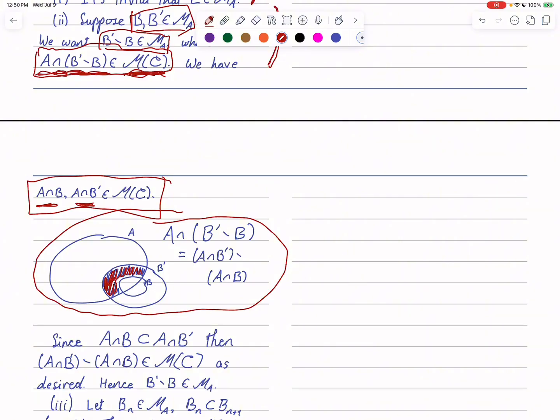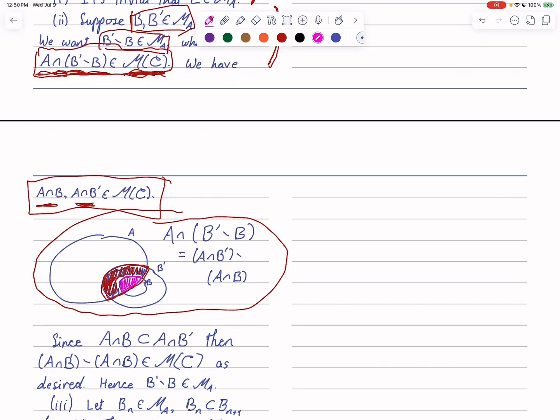Well, that seems to be, right, that A intersect B prime, being this whole thing here, contains A intersect B, that's this part right here. Maybe I should color that something different so that we can visibly see when I'm talking about one thing versus the other. So they are in the subset relation, A intersect B and A intersect B prime.